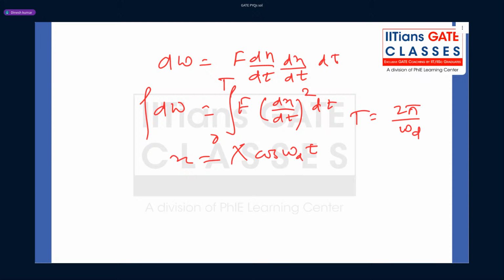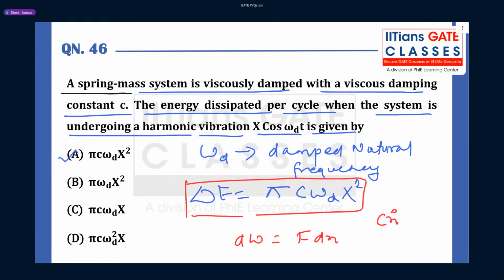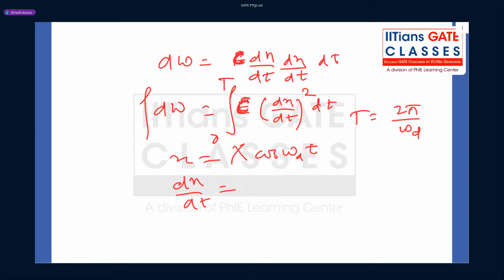Now substitute dx by dt. We are substituting F, so F is C into dx by dt. It is not F, it should be C. You can see here F is C x dot. So this is a correction, please, guys: it is not F, it is C into dx by dt.